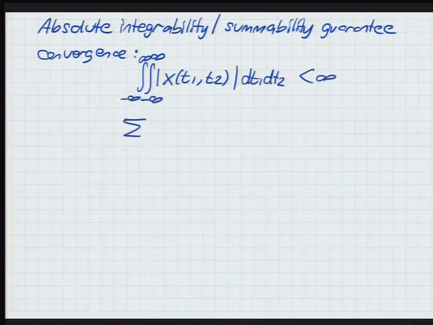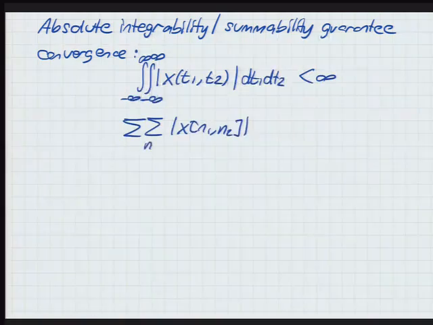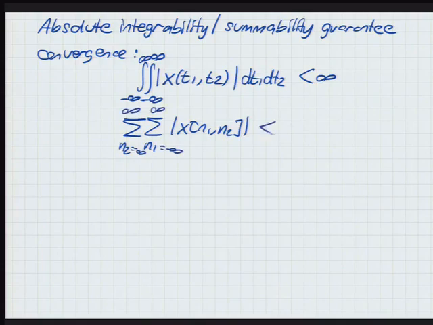Likewise, summability means if I have a discrete signal, function of n1 and n2, and if I sum over n1 and n2, both from negative infinity to infinity, that sum also exists. Like in the 1D case, you can relax those, but we're not going to go into that now.